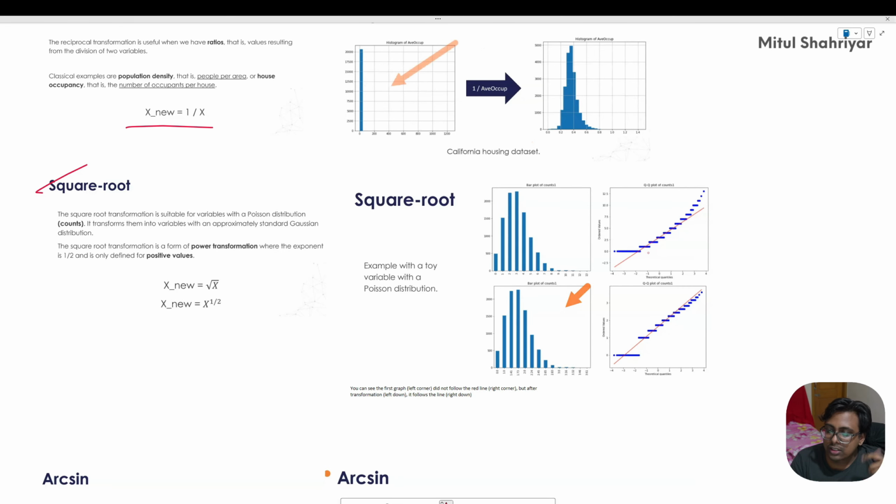But after the transformation with square root, in the QQ plot, although you cannot see any difference in the other graph, you can see the data is now between the red line. It follows the line, and this is what we're looking for. And if you haven't learned about QQ plots, I hope you will look into them on the internet.